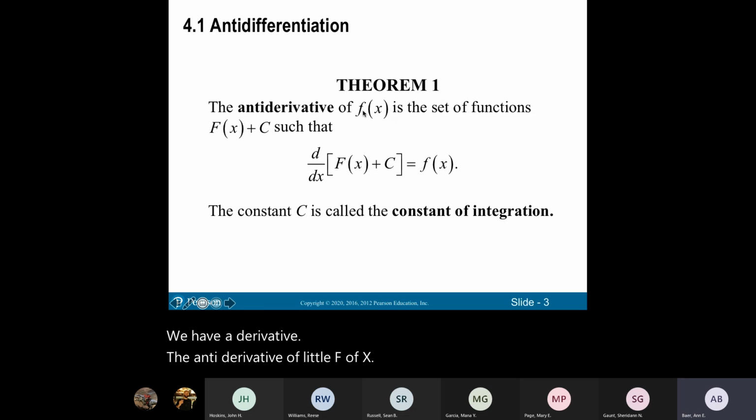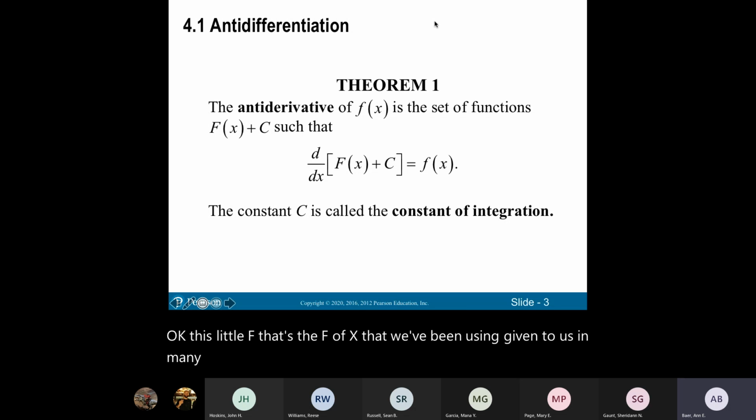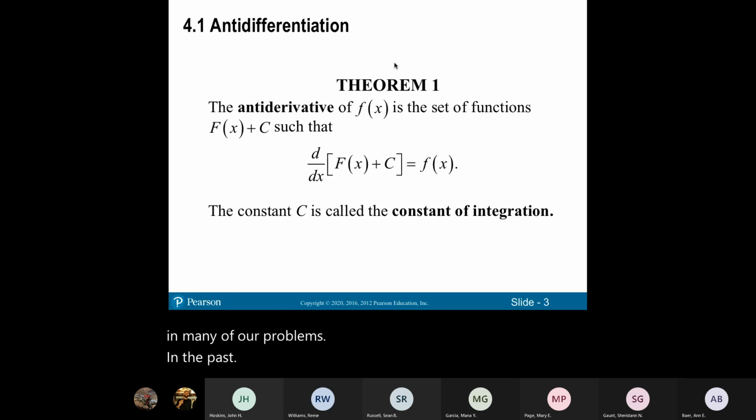This little f is the f of x that we've been using, given to us in many of our problems in the past. So this is the derivative of a particular function here, and we want to find its antiderivative.